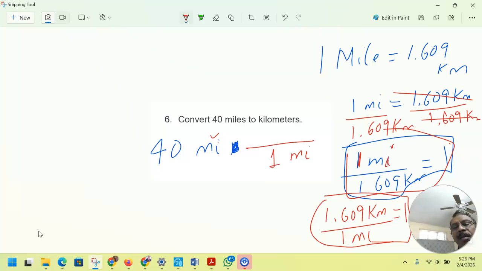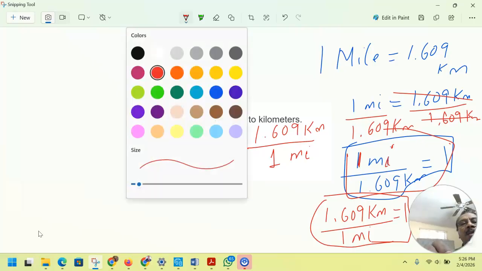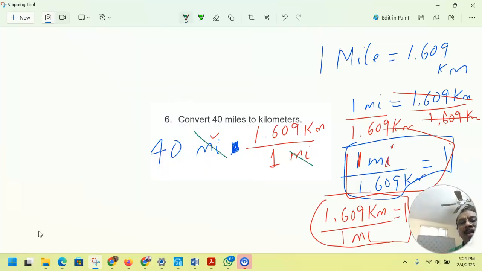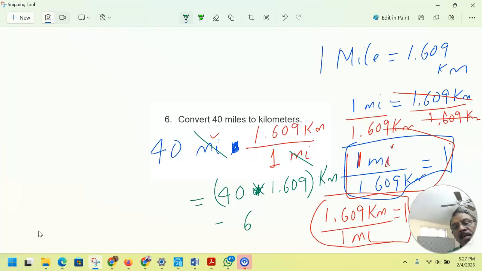So 1 mile is 1.609 kilometer, so that we can cross out the mile and the mile. Just multiply 40 times 1.609, and this is in kilometers, and you should get the same answer, 64.37 kilometers. I hope I made sense.